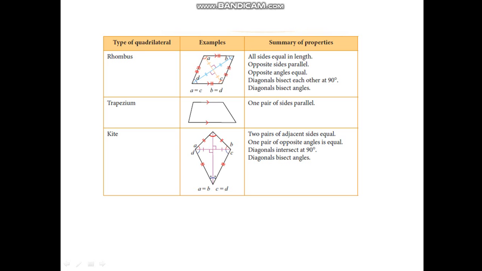This side and this side are equal to each other. And one pair of opposite angles is equal. These two angles are equal, and diagonals intersect at 90.